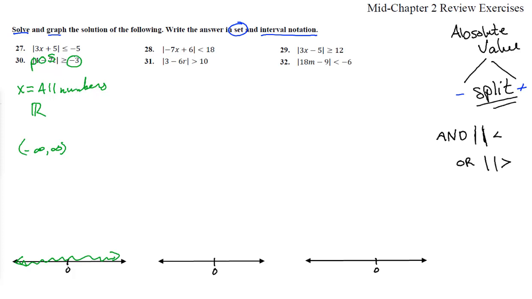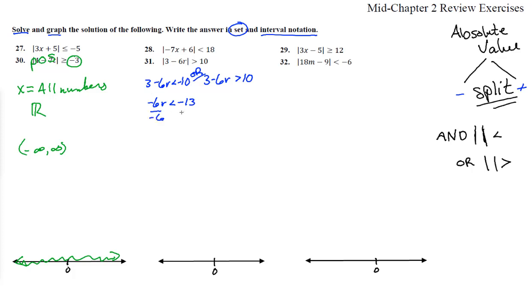All right, number 31. Here we have 3 minus 6r greater than 10, or 3 minus 6r less than negative 10. Notice our absolute value is greater than something, so it will be an OR statement. So we solve this: subtract 3 from both sides, we get negative 6r less than negative 13.